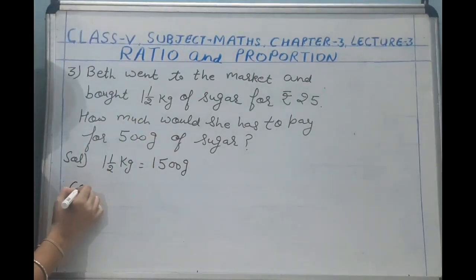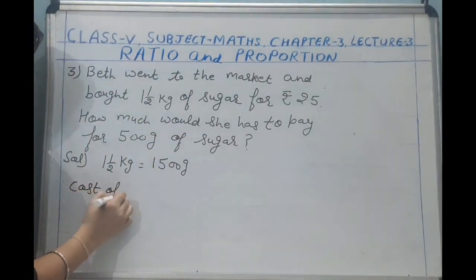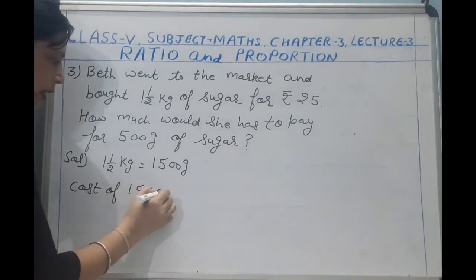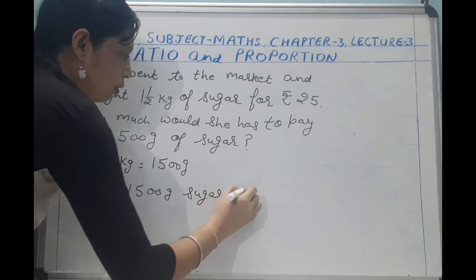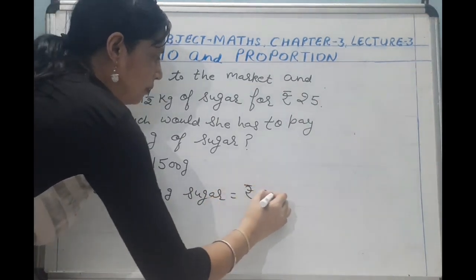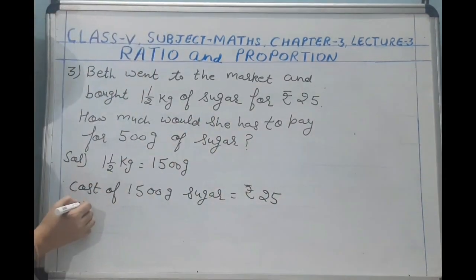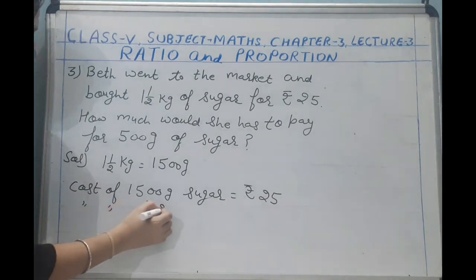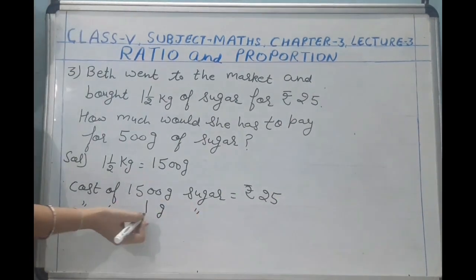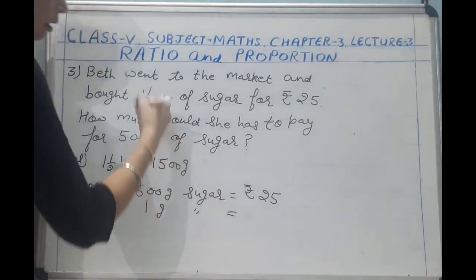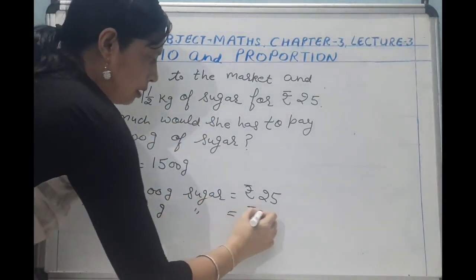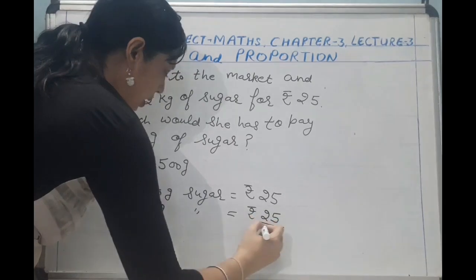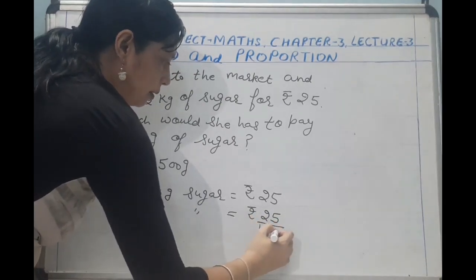So cost of 1500 gram sugar is equal to rupees 25. Cost of 1 gram sugar, यूनिट के लिए निकालेंगे, है ना? Then we will find out for 500. 1 के लिए निकाल रहे हैं, then division 25 upon 1500.